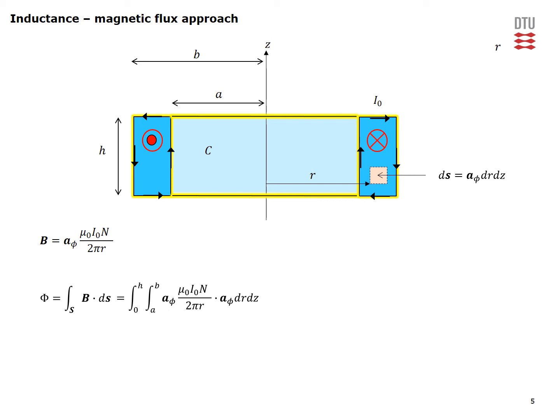and we integrate across this cross-sectional view of our non-magnetic core, and this is an integral in Z from 0 to the height of our core, which is h, and then in R from A to B. This is the B field, and this is our ds element.